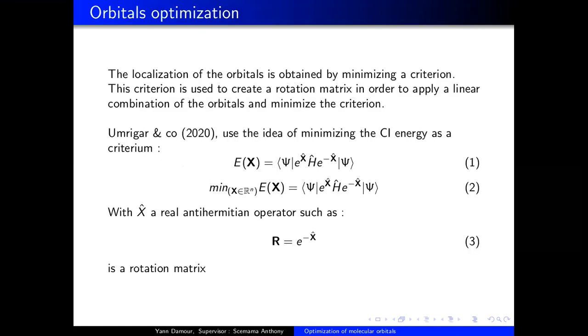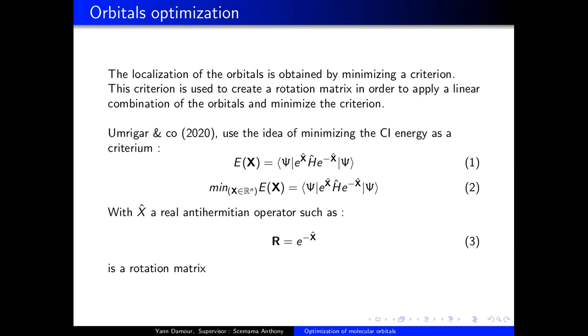So the localization of orbitals is obtained by minimizing a criterion. The criterion is used to create a rotation matrix in order to apply a linear combination of orbitals and minimize the criterion. So we do that iteratively, in order to obtain the best orbitals with respect to the criterion.